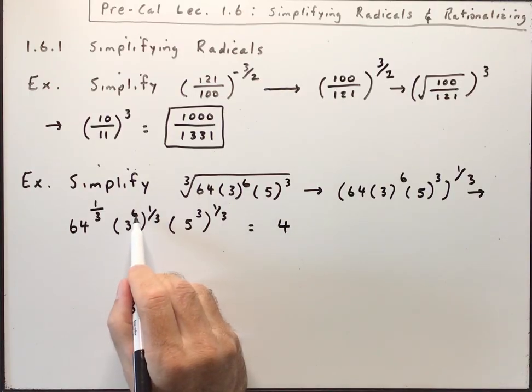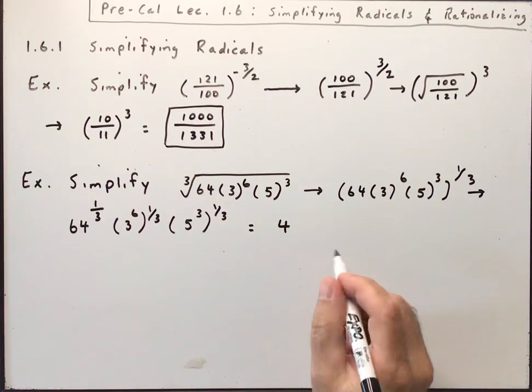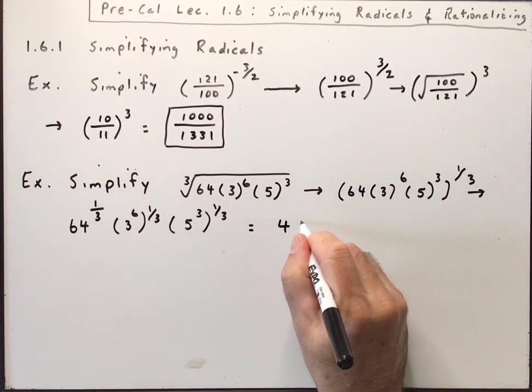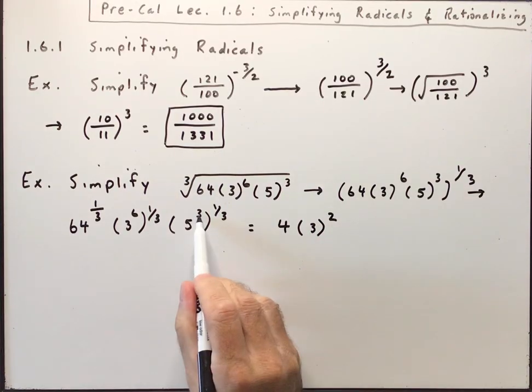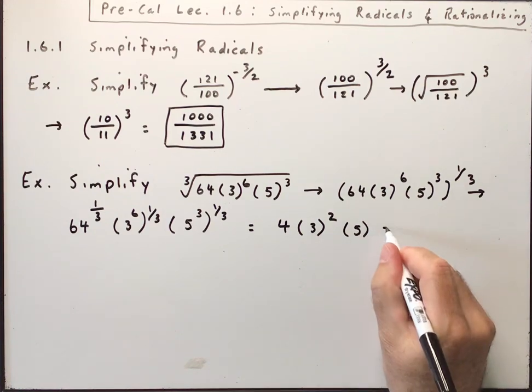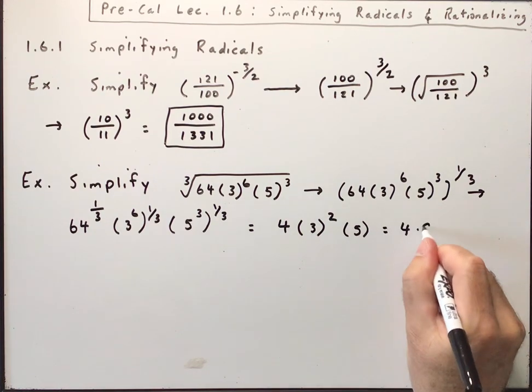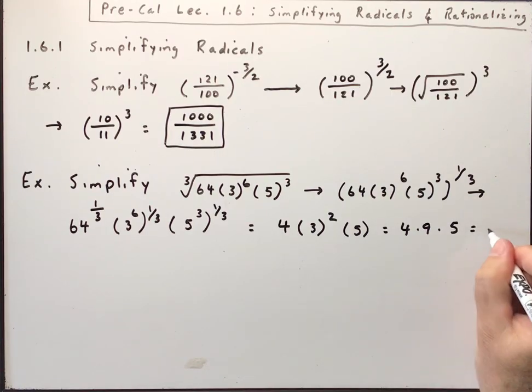And then when you raise an exponent to another exponent, you multiply. So 6 times 1/3 would be 2. So that's times 3 squared. And then 3 times a third is 1. So then times 5. So that's going to be 4 times 9 times 5, and that would be 180.